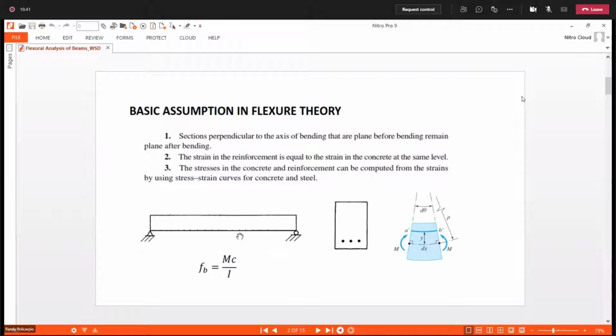The derivation of this is based from this third figure, making use of the deformation of the cross section of the beam. I think for my students in mechanics of deformable bodies, I presented the derivation of the flexure formula making use of this diagram.